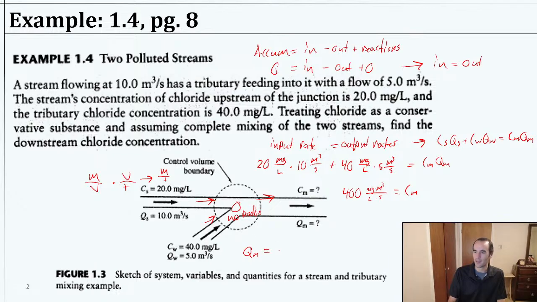We could actually do the same thing. So we could say that QM is going to be equal to QS plus QW. So this should be 15 cubic meters per second. Okay, so that means that all we need to do is divide 400 by 15.